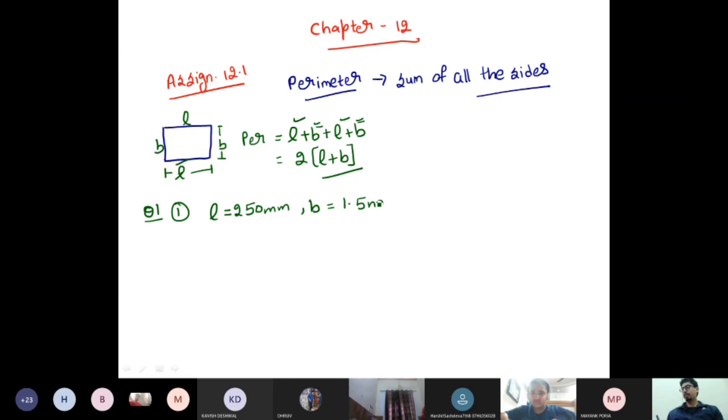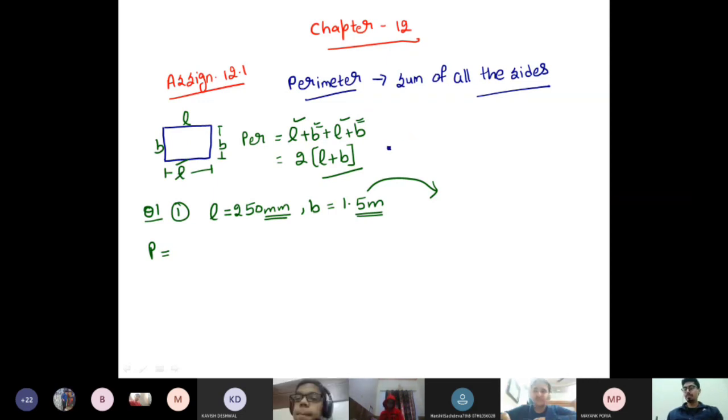We have to find out the perimeter. But students, we know that for doing this, the length and breadth should have the same units. This is millimeter and this is meter. How can we convert meter into millimeter?